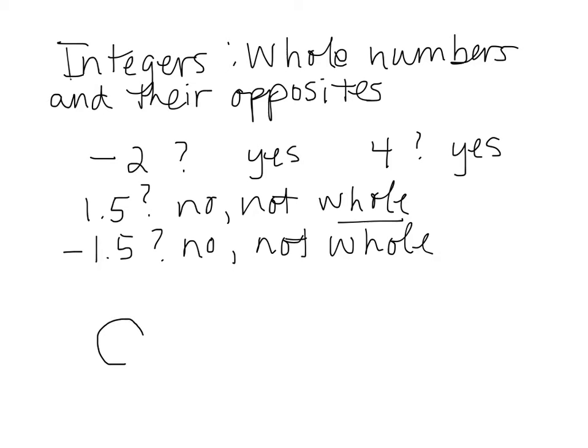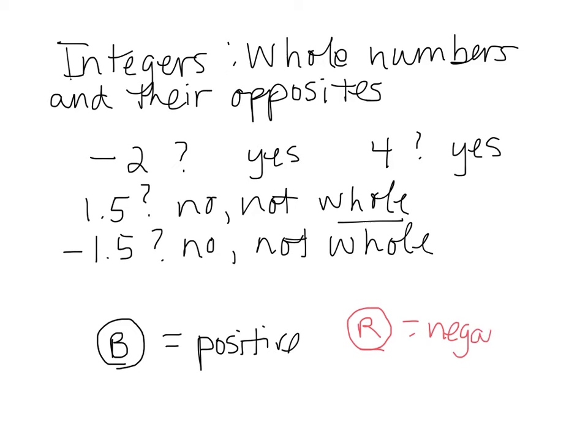So if I have a black checker, it's going to represent a positive number. And if I have a red checker, it's going to represent a negative. So the beginning of this is really simple. I have 3 black checkers to begin with, and I put in 2 more black checkers.